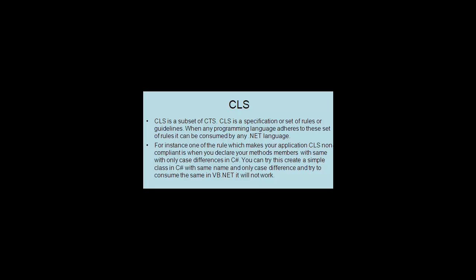So in other words, CLS is a set of guidelines which ensures that if your programming language follows it, it can be consumed by any .NET language. In the coming parts of the videos, we'll see a sample demonstration of CLS. We'll violate a CLS rule and see how CLS compliance and non-compliance actually work.